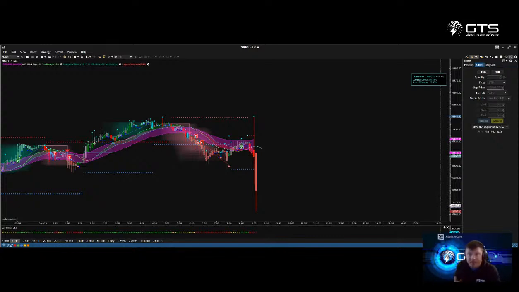Anyway, it's the opening range trade. Don't get suckered into anything until after the first 15 minutes of the session, and that's kind of what we're getting at right here.